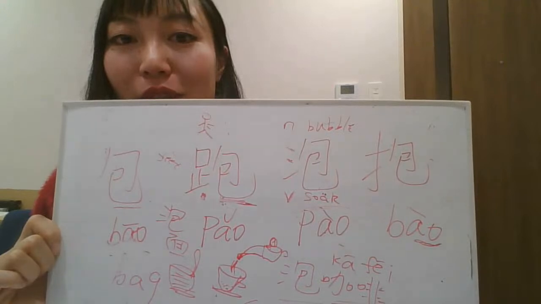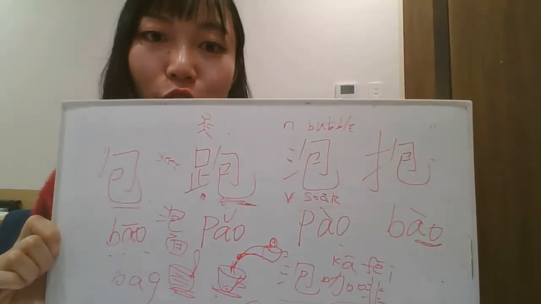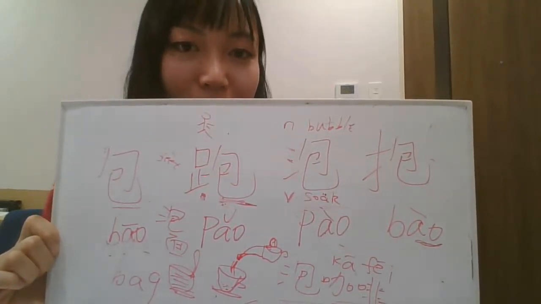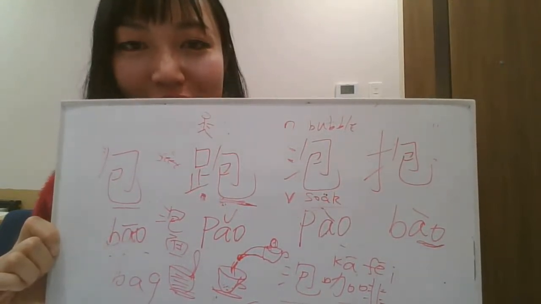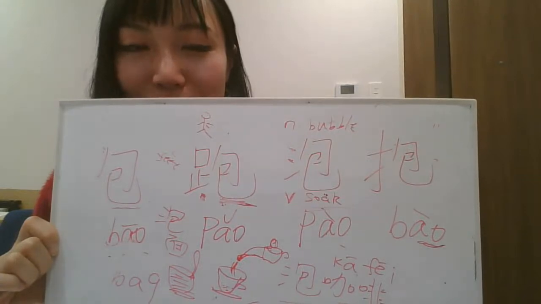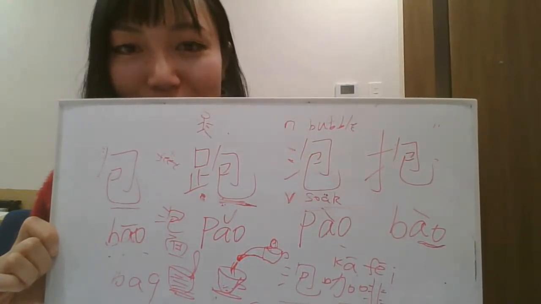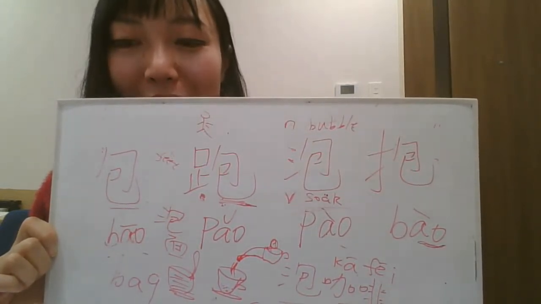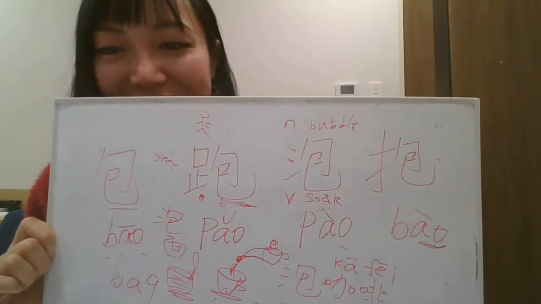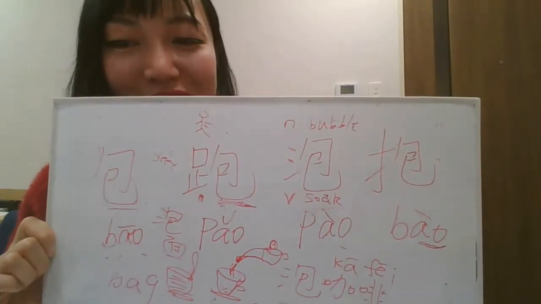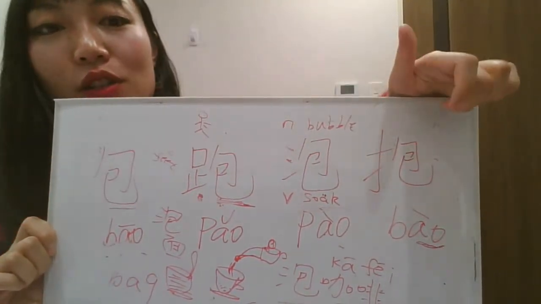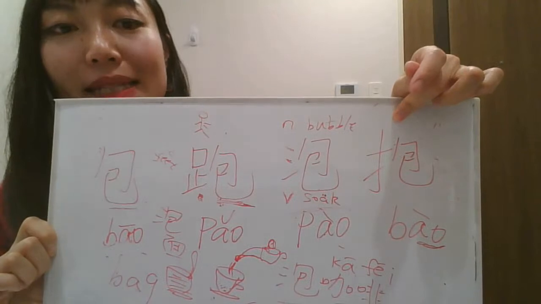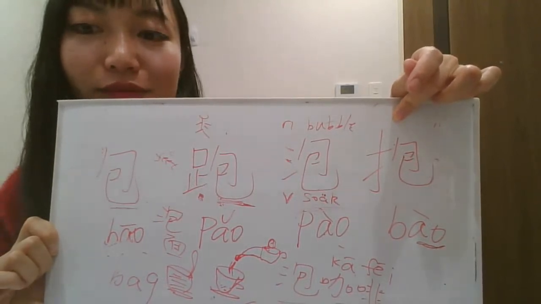So 抱枕 is like the pillow you hold to sleep. 抱起来, yes. 抱起来, you carry someone up. No one can carry me because I'm too heavy. 没有人可以把我抱起来，因为我太重了。Okay. The last one means hug or carry.